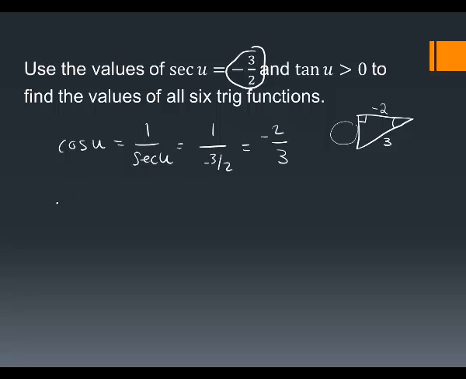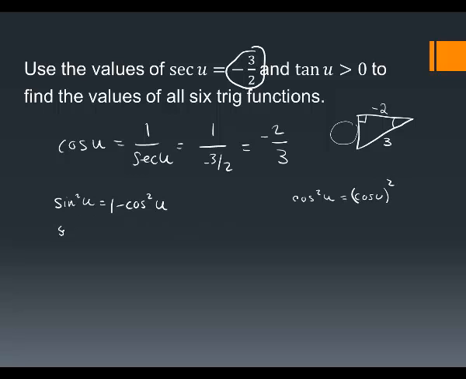Let's use a Pythagorean identity to solve it. It's kind of a long way, but that's okay. Sine squared u equals 1 minus cosine squared u. Now remember, cosine squared u is the same thing as cosine u in parentheses squared.